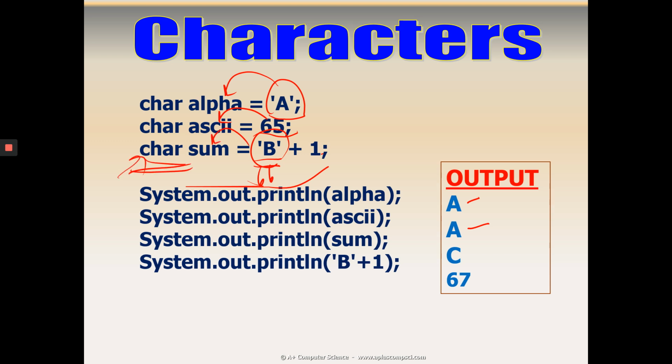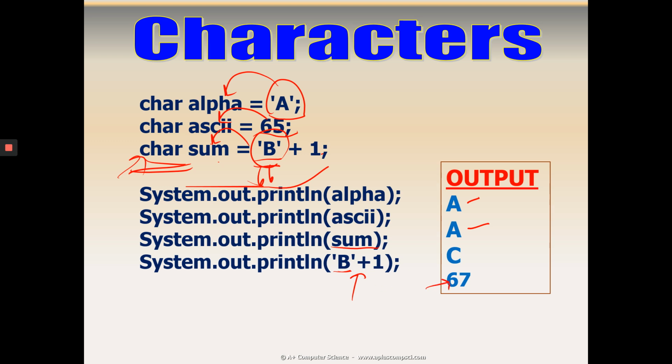So what happens is it matters what's on the left side if we're storing it into a variable. If I just put, take B and add 1 to it in a System.out.println, I'm not storing it into a character value. Here you're going to take the ASCII value and add 1 to it, and then it simply prints that ASCII value. So this is going to print 67 for you.